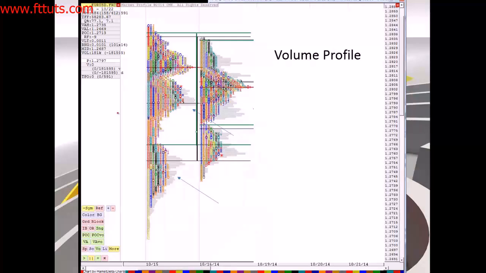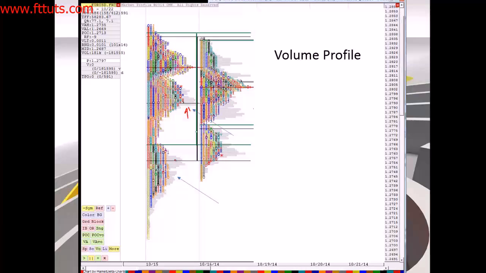There is a very useful feature in profile settings that also allows us to view the volume profile below the actual activity profile. I've done that here on this chart, and as you can see the volume bars here on the chart, and you can also see them down here.